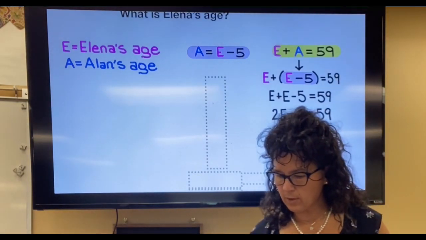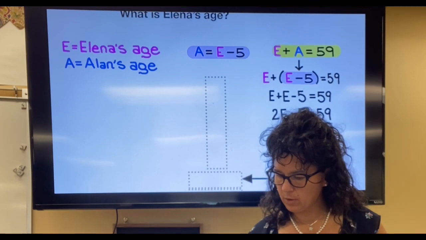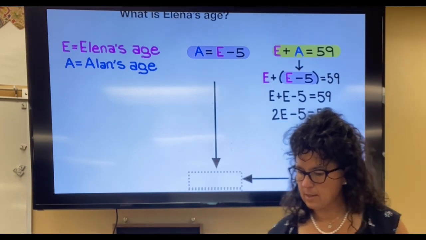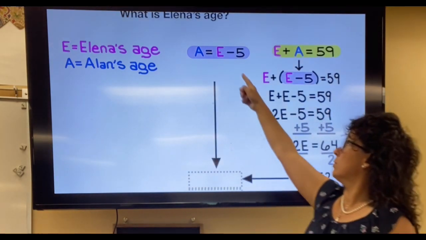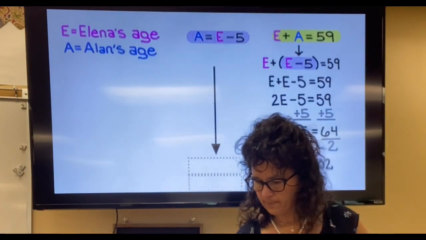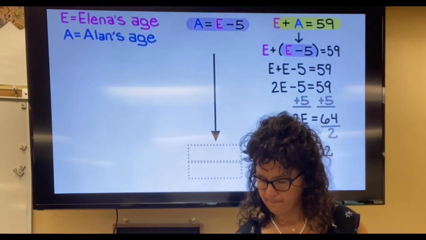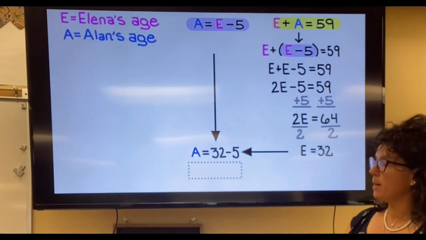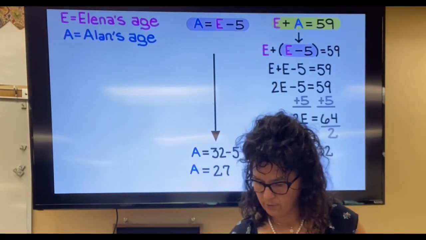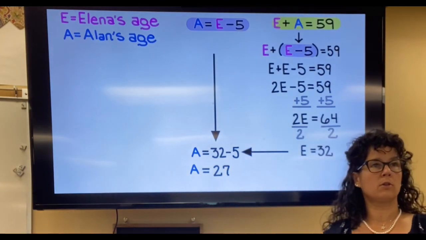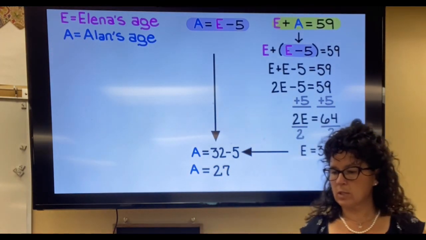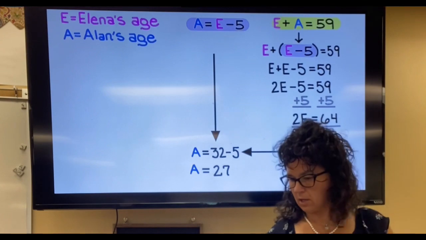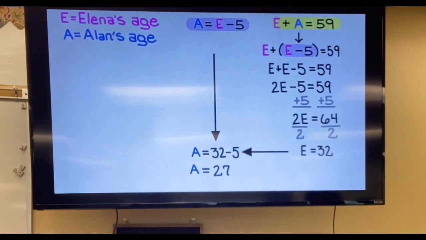Then we can come over here. We're going to substitute 32 into this equation. So E minus 5 becomes 32 minus 5. And I end up with 27. So Elena's 32 and Alan's 27.